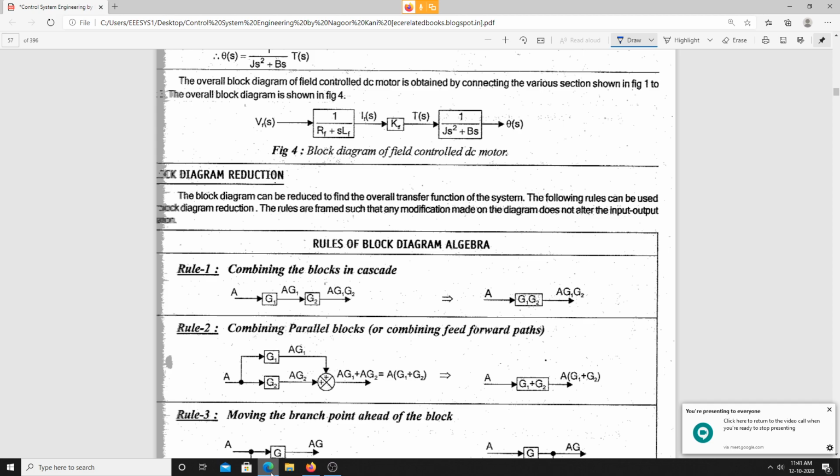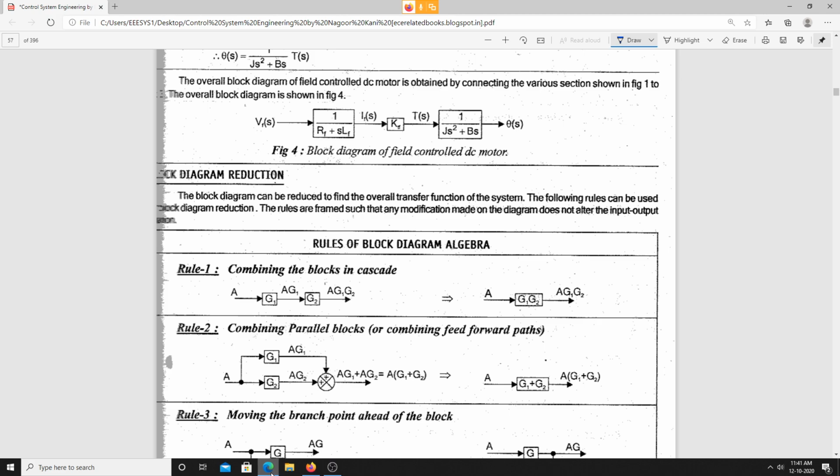Whatever block diagram I have, I am supposed to reduce it using certain rules, and from that I write the transfer function. For reducing the block diagram to find the overall transfer function of a system, we have certain rules.